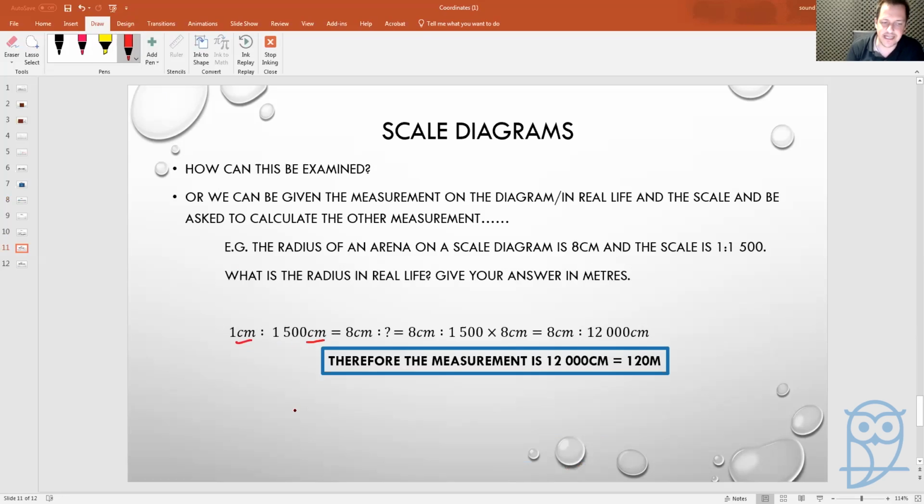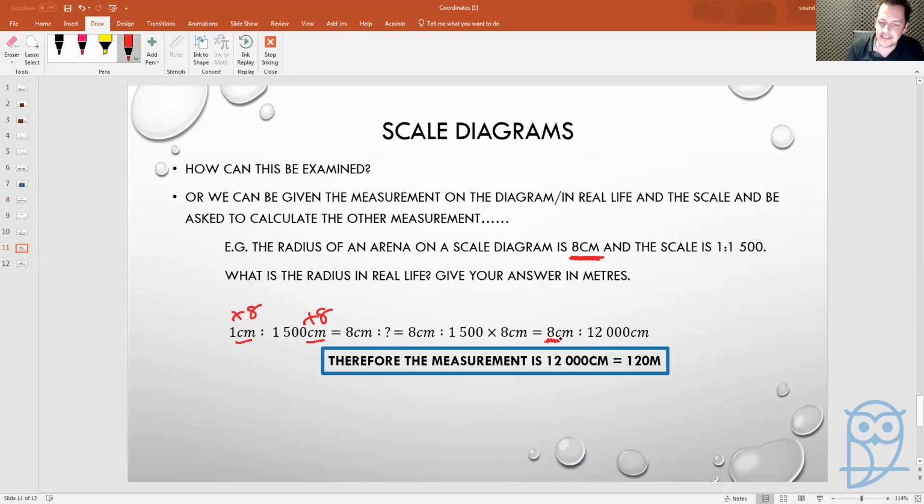So I've chosen centimeters here. So 1 centimeter is 1,500 centimeters. I was told that my scale diagram is 8 centimeters, so I have to times this by 8, and therefore I have to times that by 8. So what will 8 centimeters here be? Well, it's my 1,500 times 8, and that gives me 12,000 centimeters.